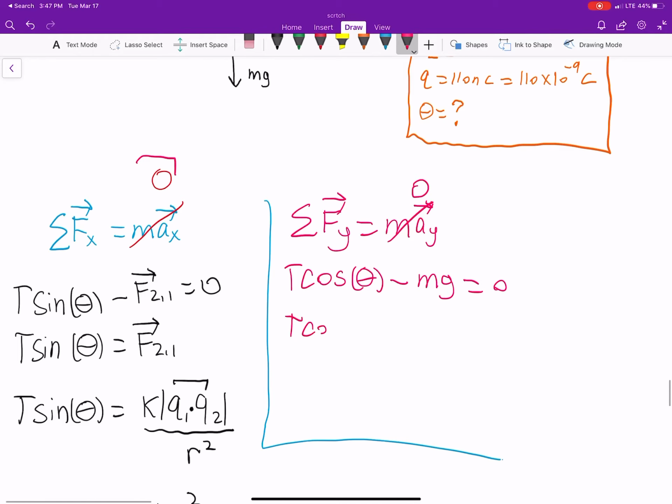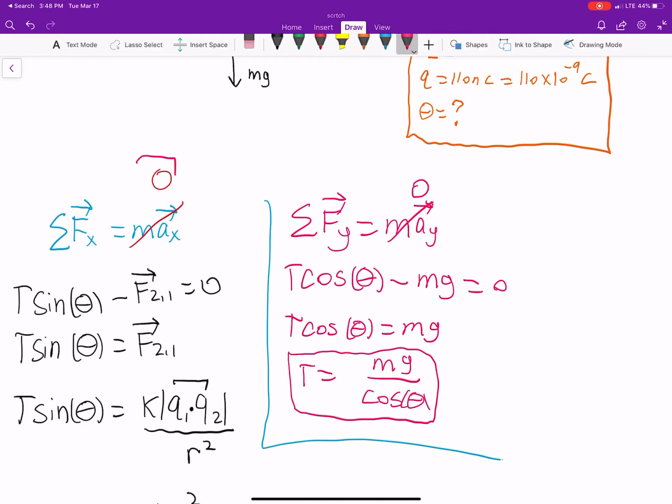Or T cosine of theta equals mg. Tension is equal to mg divided by cosine theta. So now we know tension.